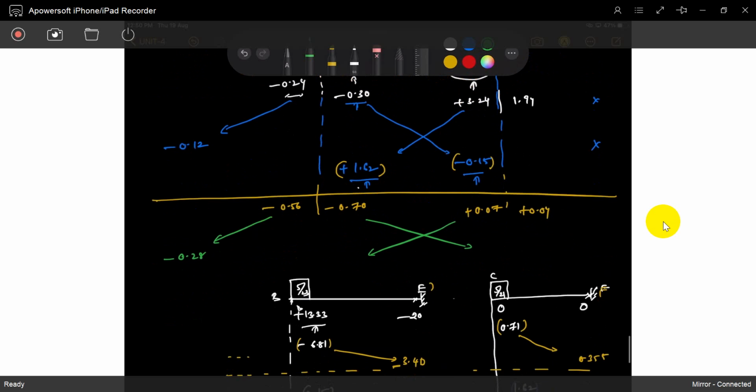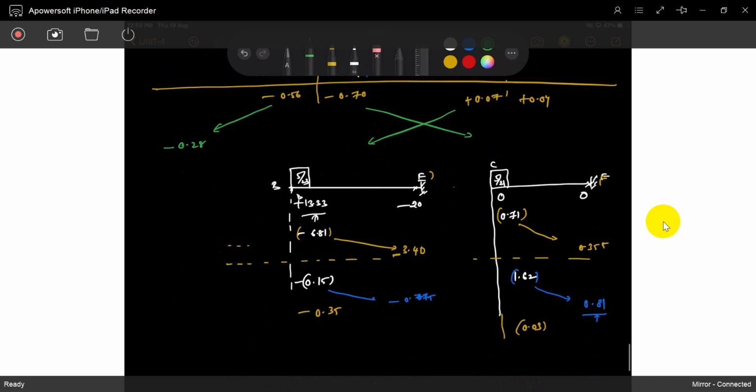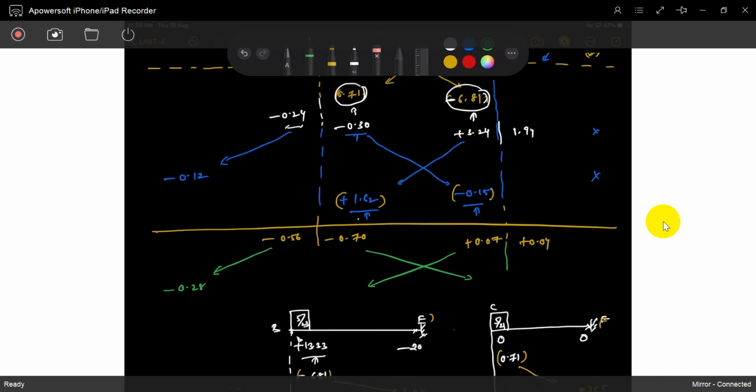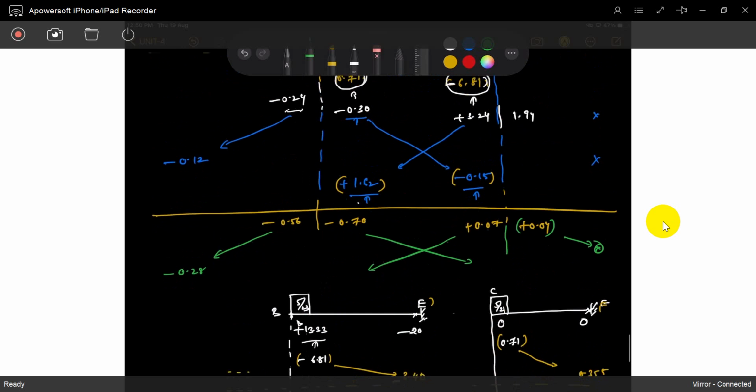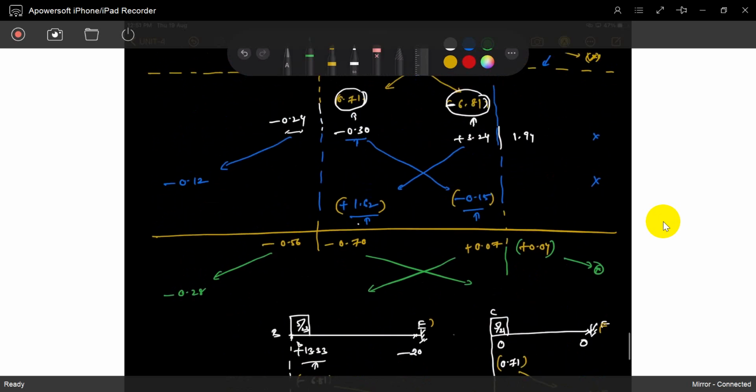These things you can neglect. 0.35 divided by 2 is 0.175. In this also, no need. So in this 0.015, that's it. Now you can stop.